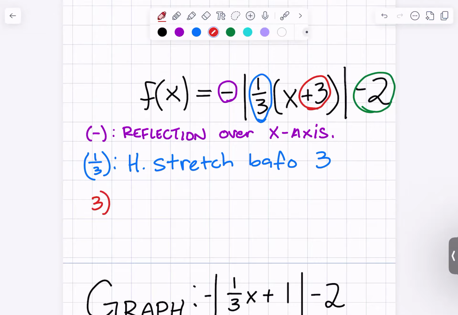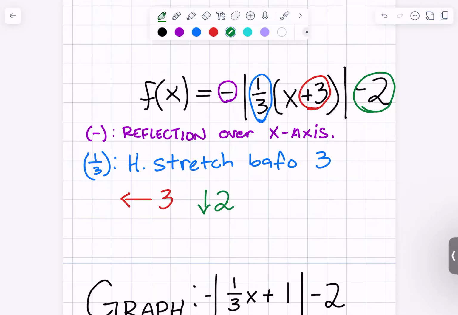And then the 3 inside addition. Horizontal shift to the left 3. Instead of writing horizontal shift left 3, honestly, class, we can just draw an arrow pointing to the left 3, and then the -2 on the outside is down 2.